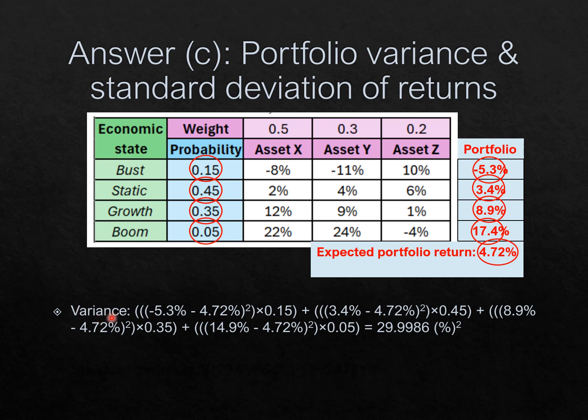If you want the standard deviation, then you just take the square root of the variance. Square root of percentage square is percent. So therefore, square root of 29.9986 is 5.4771, rounded to 4 decimal points. So this is the answer for question C.